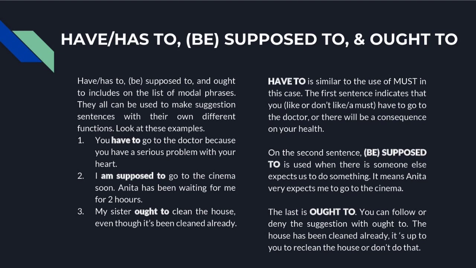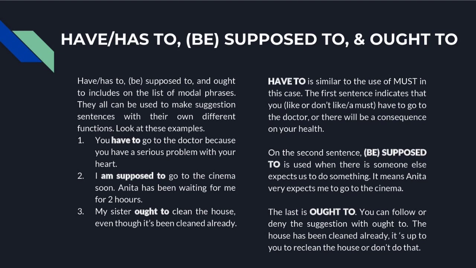Look at these examples. Number 1, you have to go to the doctor because you have a serious problem with your heart. Number 2, I'm supposed to go to the cinema soon. Anita has been waiting for me for 2 hours. Number 3, my sister ought to clean the house even though it has been cleaned already.